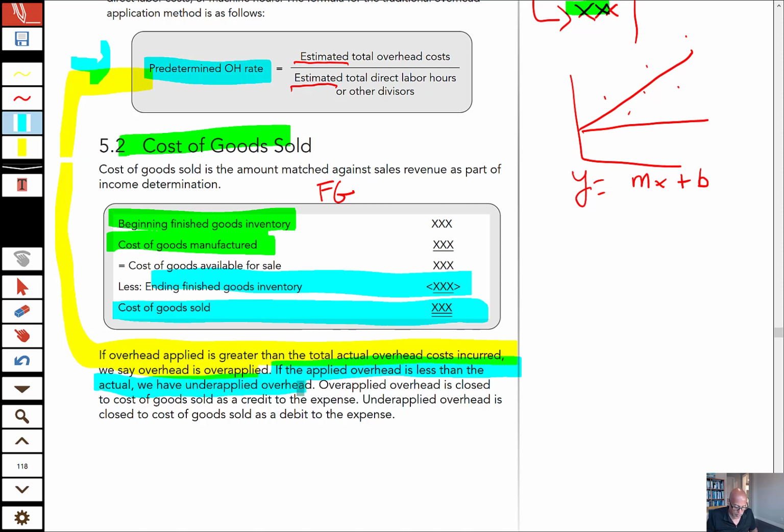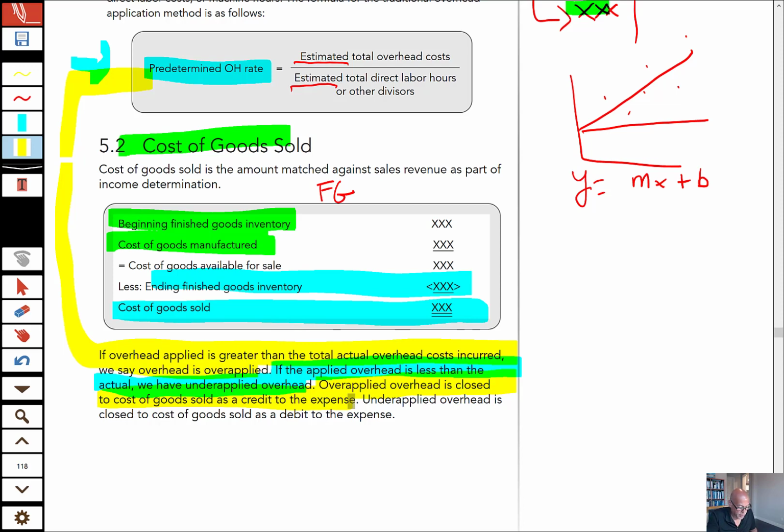And over applied overhead is closed to cost of goods sold as a credit to the expense, okay? They say the expense, and cost of goods sold is not called an expense, it's called cost of goods sold. So we would debit the over applied overhead and credit cost of goods sold.